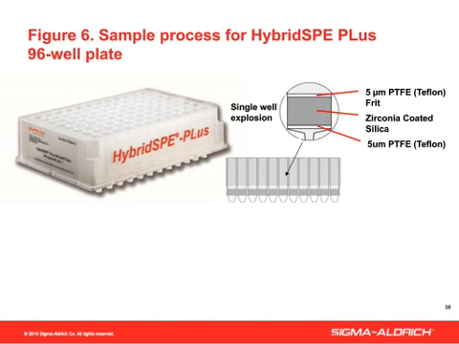Now, the design of this plate is quite unique because it acts as a depth filter and allows for direct removal of precipitated proteins from plasma samples. The Teflon configuration of the frits allows for plasma samples to be added directly into the well plate, and so you can do direct in-well protein precipitation, or you can do it offline also.